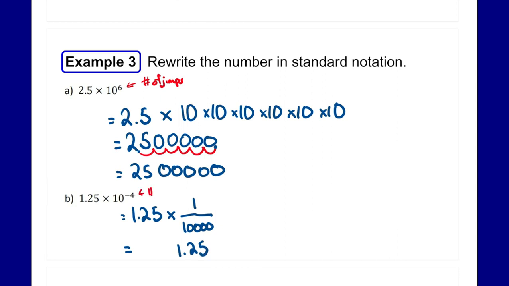The negative 4 is the number of jumps. But because it's a negative, I know I have to make a small number, so I'm actually going to jump to the left this time. So that means 1, 2, 3, 4. That's where my decimal is going to be. I'm going to put in zeros for placeholders, and put a 0 at the front. So this actually simplifies to 0.000125. And that is my standard form.